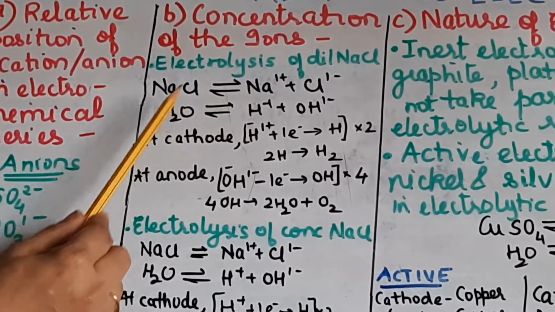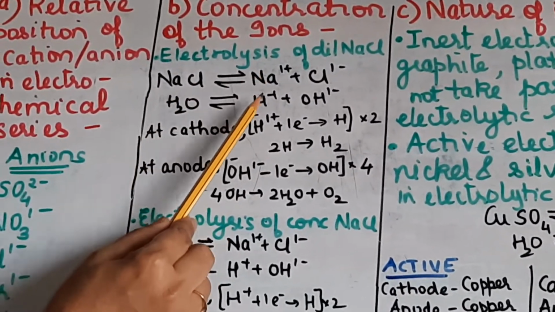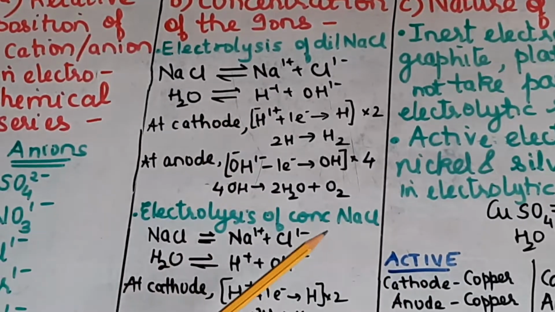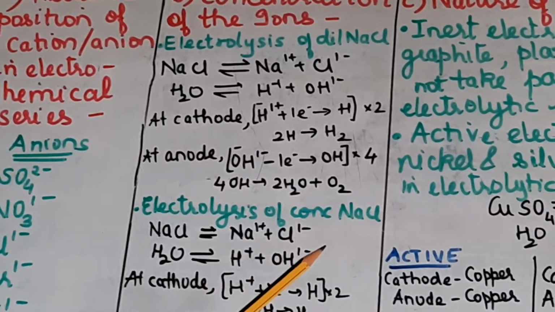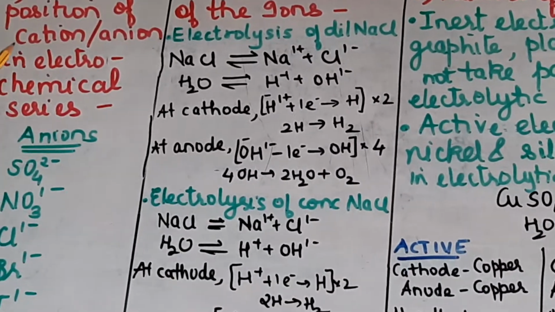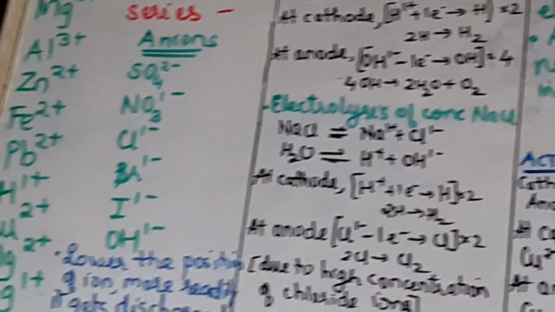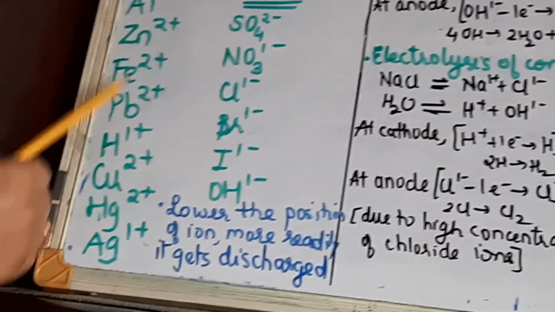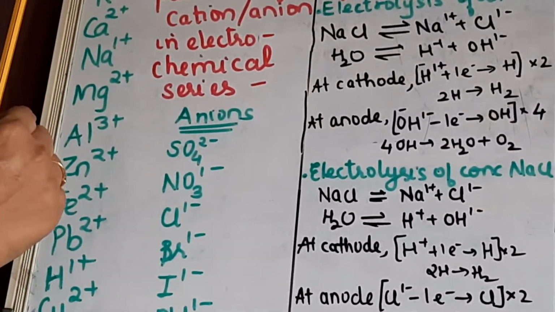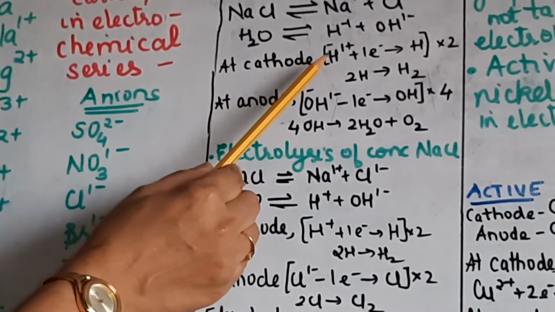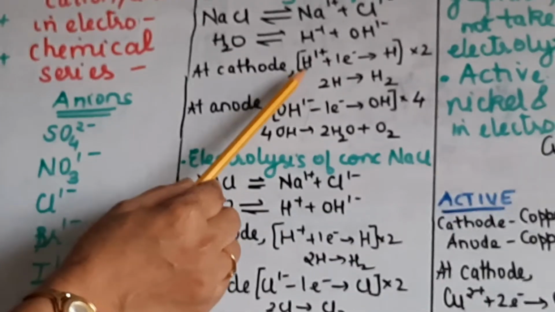So at the cathode, both sodium ions and H plus ions are going to migrate to the cathode, but which will get preferentially discharged based on our first factor? Yes, the lower position. Which is having the lower position? Just see here, H plus is having a lower position and sodium is high in the series. So at the cathode the H plus ions will get discharged into neutral atoms.